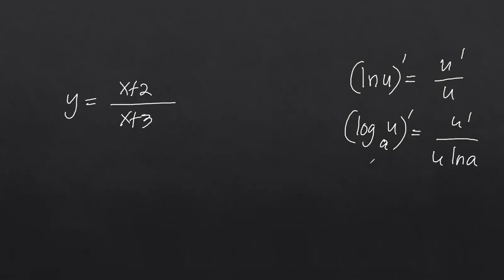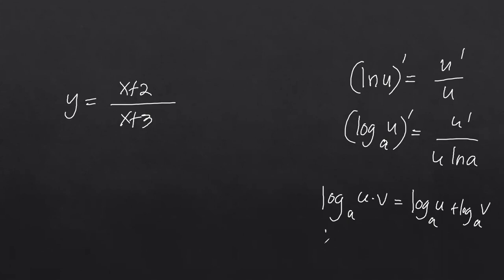Aside from that, we will also recall some properties of logarithm. If we have the logarithm of u times v base a, this is just equal to the logarithm of u base a plus the logarithm of v base a.